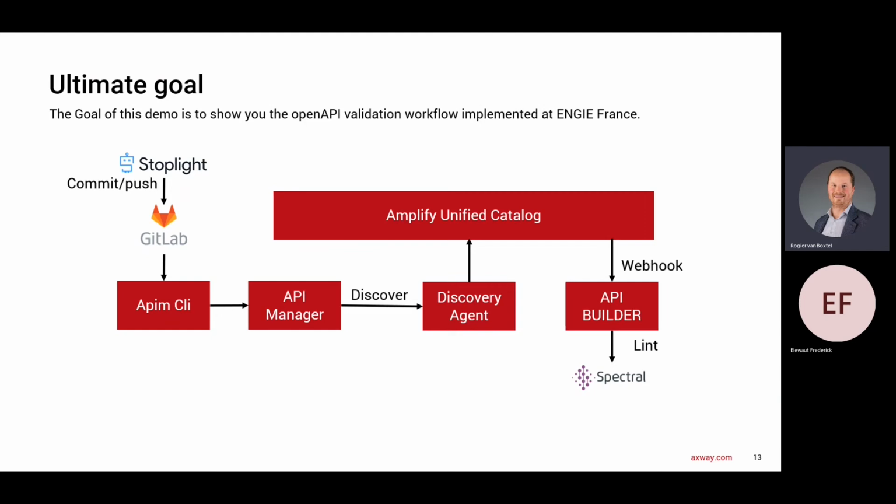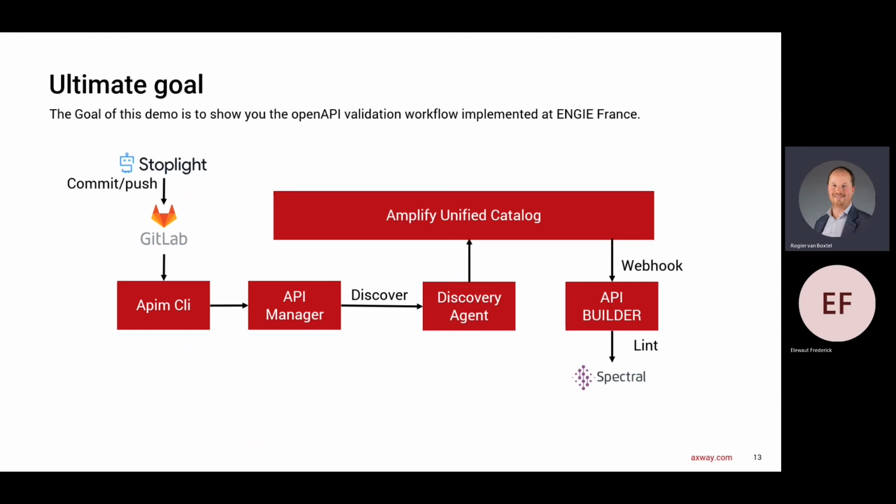So what I'm going to show you is, and I don't really like human intervention, I want to do it in an automated way. Me as an API developer, I'm using Stoplight, creating myself a nice API, which I'm going to commit inside of my SCM, in this case, GitLab. At Axway, for automation purposes, we have an API management CLI.